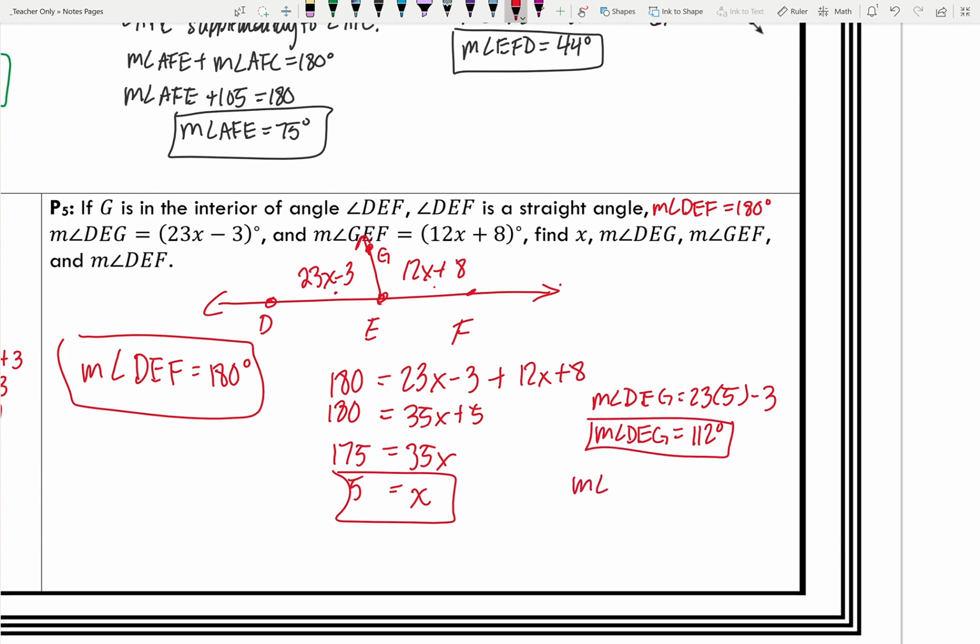So then the measure of angle GEF, I'm not even going to plug in. I know that it's 180 minus whatever DEG was, because DEF is 180. So I've got 180 minus 112, and the measure of angle GEF is equal to 68 degrees. And that's the end of part 1 for 4-2. 4-2 part 2 will deal with angle bisectors.